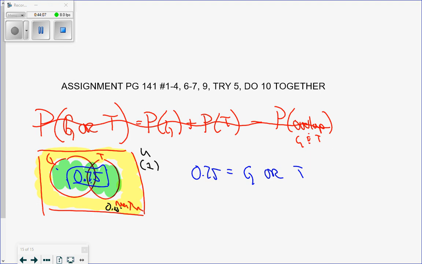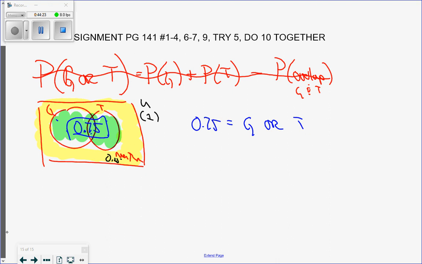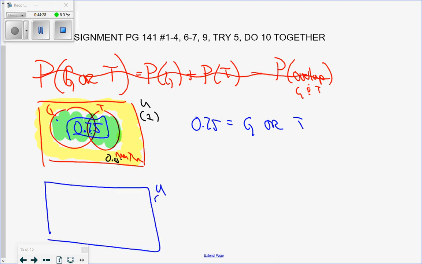Okay. If we look at number 11, it says the probability that he will play tennis and play golf. Okay, so I'm going to go back to Venn diagrams again. So instead of using 1, let's use 100, because then I can use whole numbers. I know, so golf, tennis. I know this is 25% or 25 out of 100.